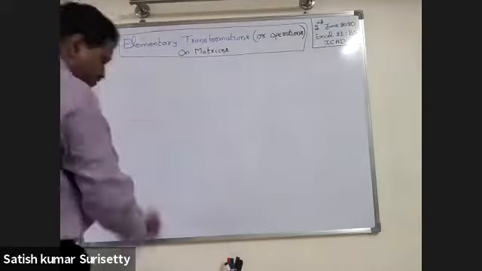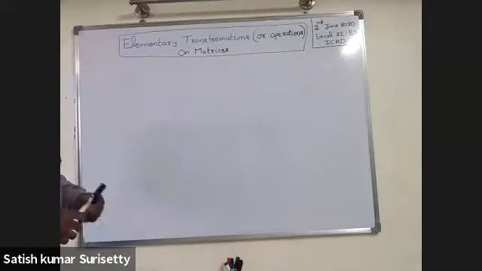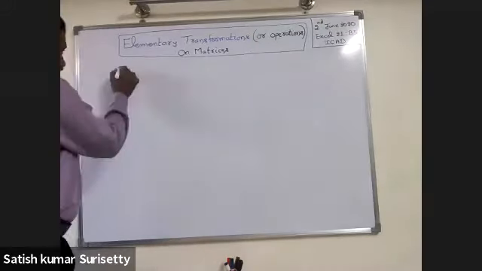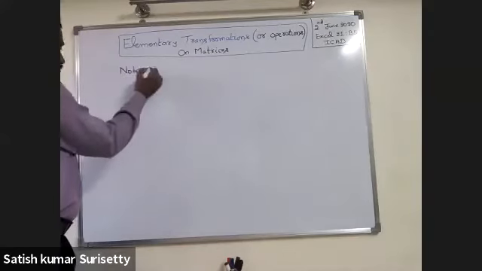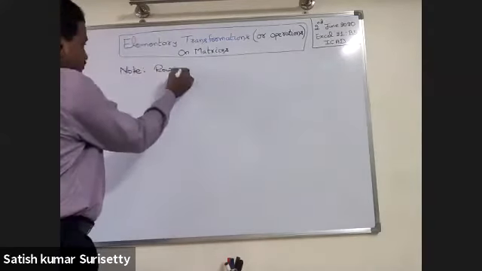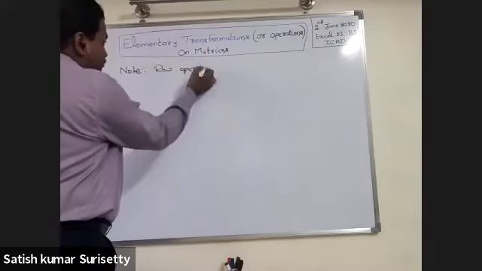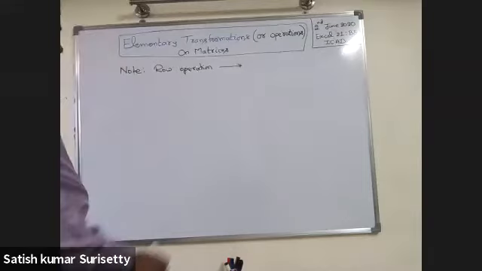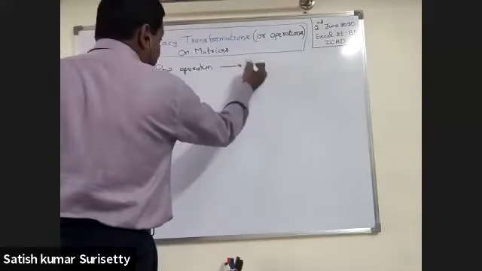Write a note. If a row operation is applied on a matrix, then it is said to be a row transformation.